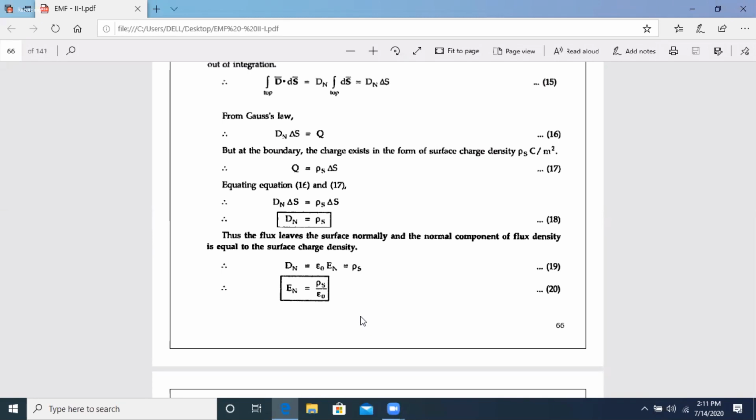D normal 1 would be epsilon times E normal 1, with epsilon naught times epsilon R1. Everybody have that? That is D normal 1.